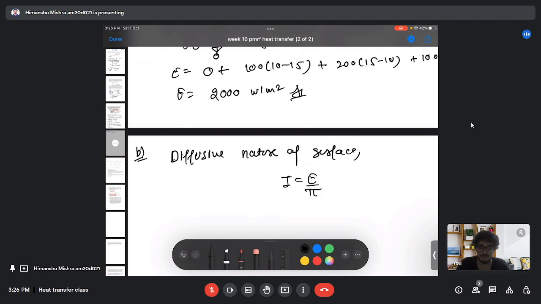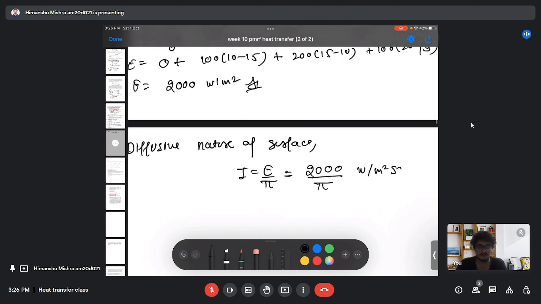we will simply use this relation which we used in question number 1. So the total emissive power is 2000, and this will be my intensity here. In case, let's say, we don't have a diffusive surface, and the surface is emitting the radiation at an angle of 30 degrees, which is given in part B of the question, and the surface is not of a diffusive nature, unlike what is mentioned in the question.